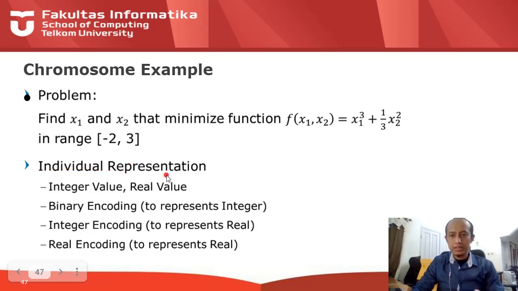There are several choices here to represent an individual. First, we can use an integer value or a real value. Second, we can use binary encoding to represent integer. Third, we can use integer encoding to represent real. And fourth, we can use real encoding to represent real.